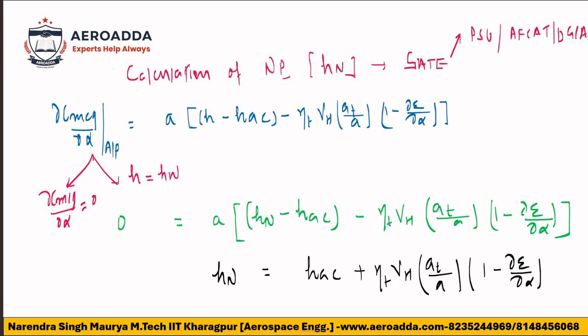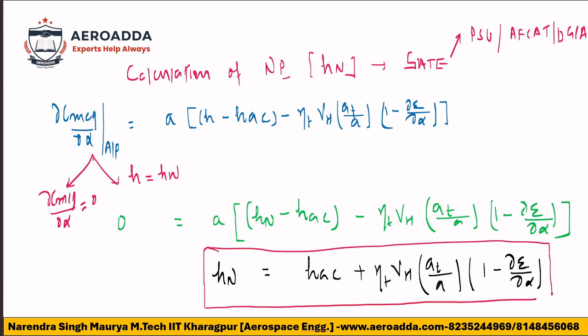This is very, very important. I suggest you please remember this. This is the location of the neutral point for the complete aircraft. There should not be any confusion now.